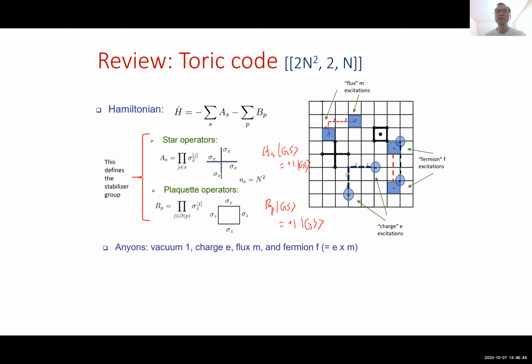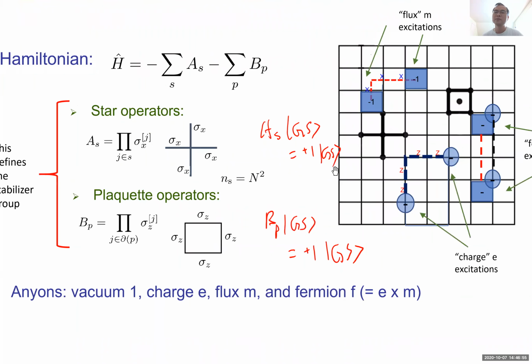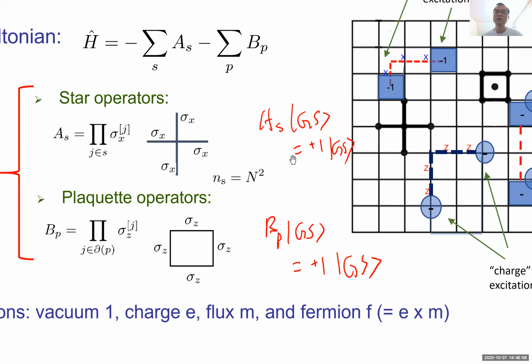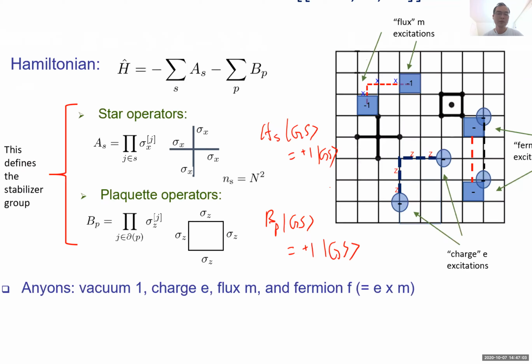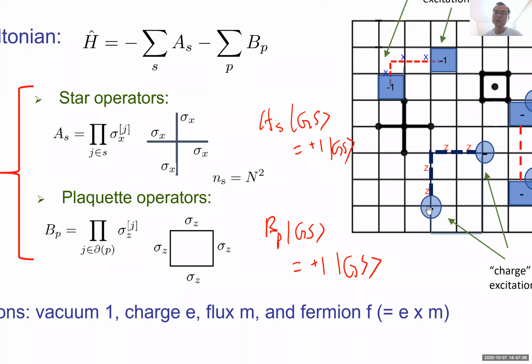So as illustrated, if I apply a Z operator, let me make this a little bigger, the Z operator would make the star become -1 because it anti-commutes with sigma Z, and for this particular Z it would make the neighboring vertex become -1.